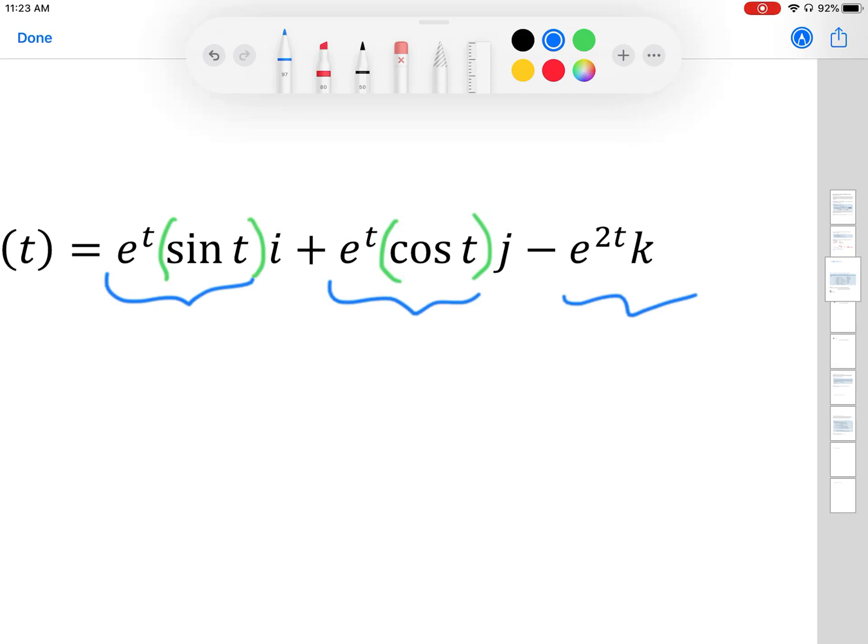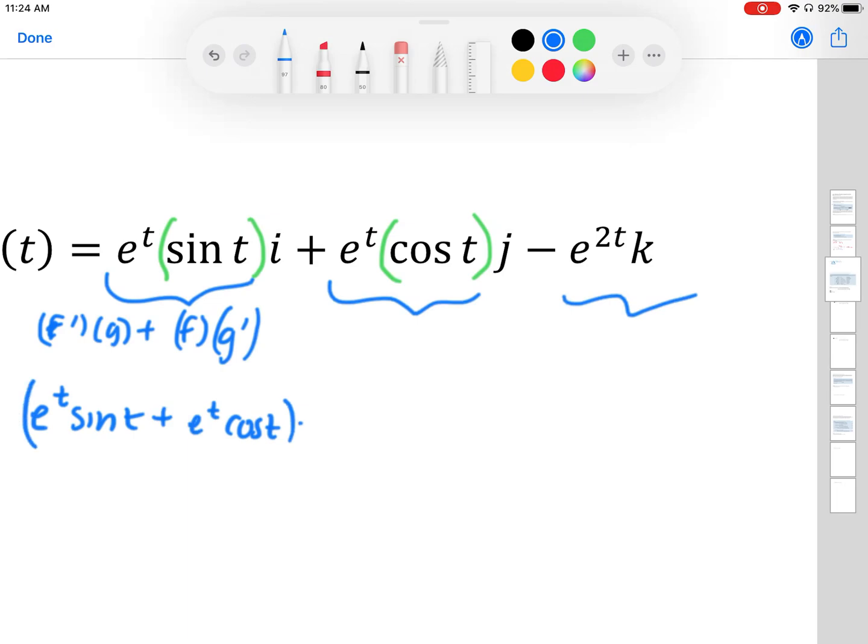Remember, the definition is you take the derivative of your first one times your second plus the derivative of your second times your first. So for this one, the derivative of e to the t is e to the t. So we have e to the t sine t plus, the derivative of sine is cosine, so we have e to the t cosine t. That's i. Then we have the same idea for our next component.